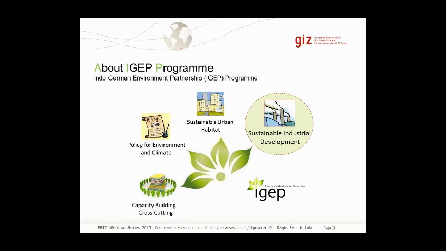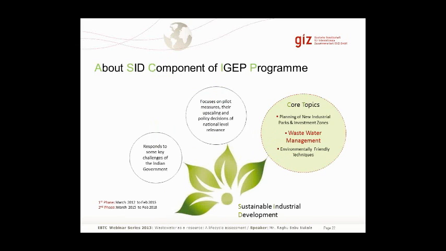We have 3 core topics in this program: sustainable industrial development being one of those, the other one is urban habitat, and the third one is policy for environment and climate. Capacity building is more a cross-cutting one across the 3 sectors. So I come from the sustainable industrial development component. Within this component, we have 3 core topics on which we work.